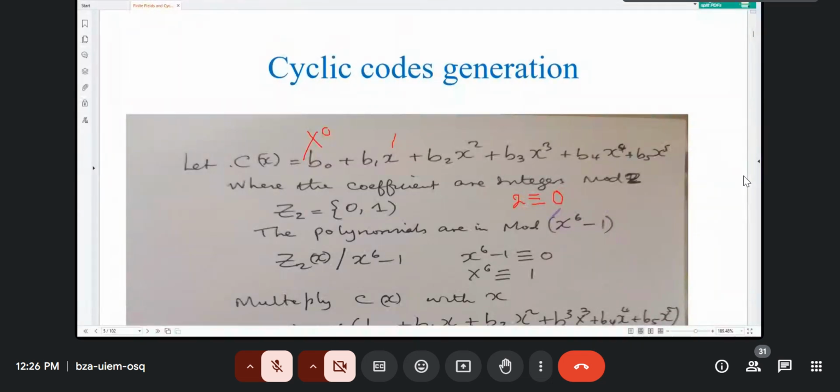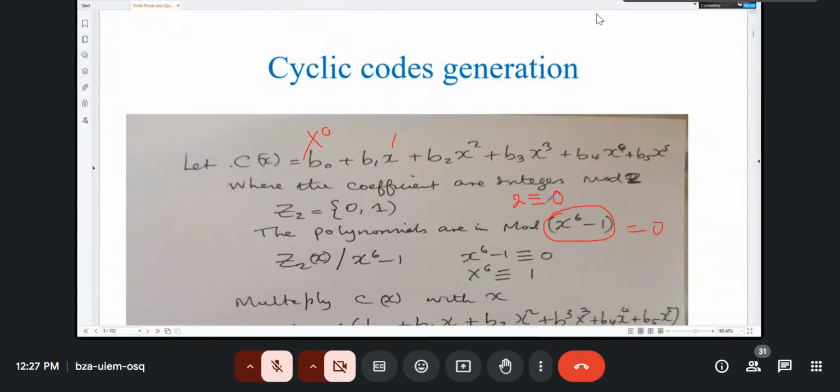So what happens is X to the 6 minus 1 is equal to 0, because for finite sets, we normally say mod P, and whatever the modulus is has to be equivalent to 0.